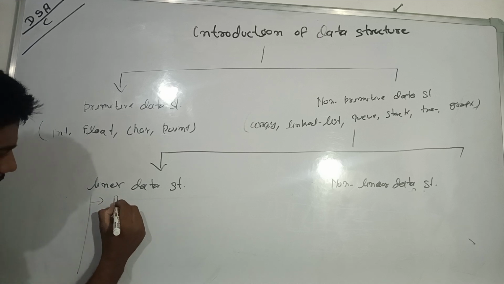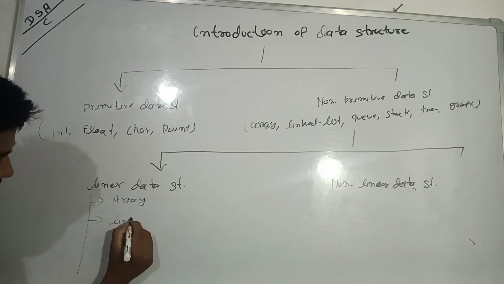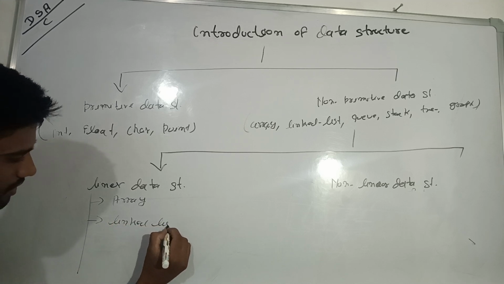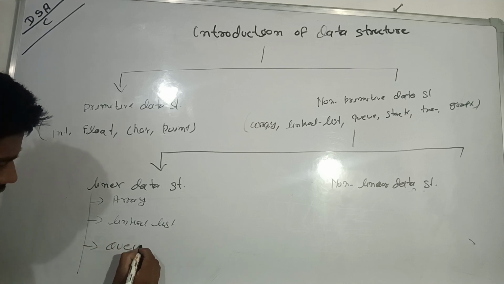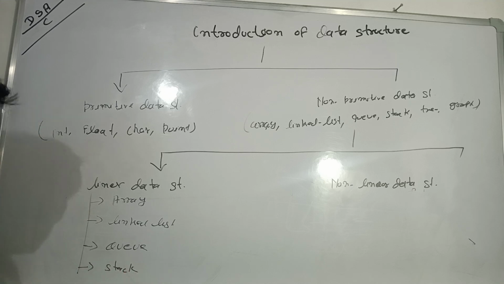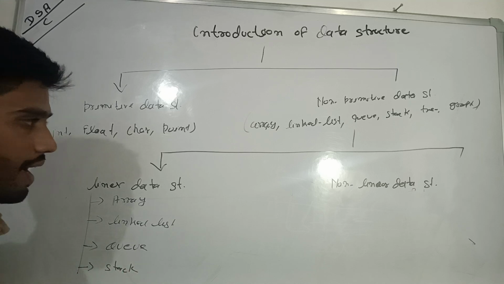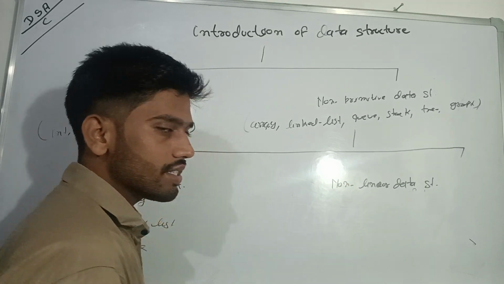First one is an array, second is a linked list, third one is a queue, and fourth one is a stack, right?